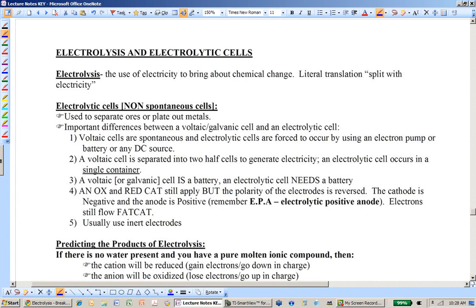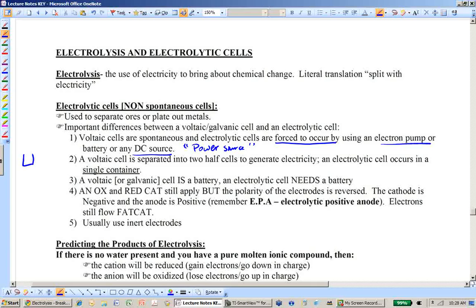So there are some very important differences between voltaic galvanic cells and electrolytic cells. Number one is that voltaic cells are spontaneous, electrolytic cells are not, so they are forced to occur by using an electron pump or a battery or any DC power source. So you're going to see the words power source generically from time to time. So even flashlight batteries can serve as a DC source. A voltaic cell is separated into two half cells to generate electricity, while an electrolytic cell occurs in a single container.